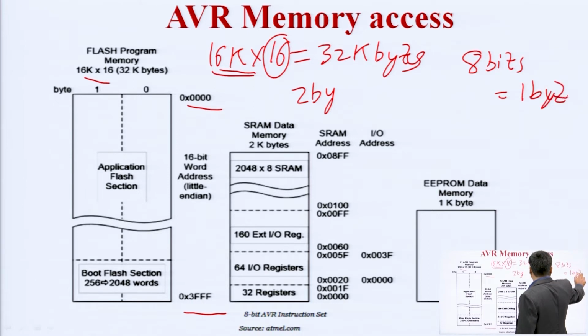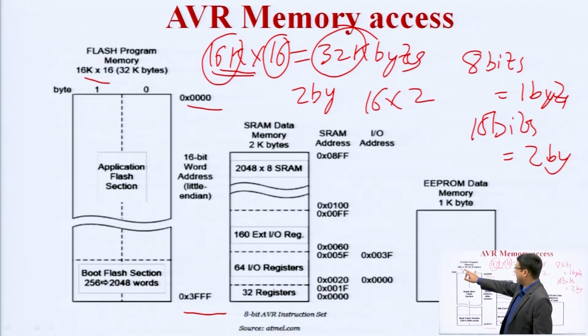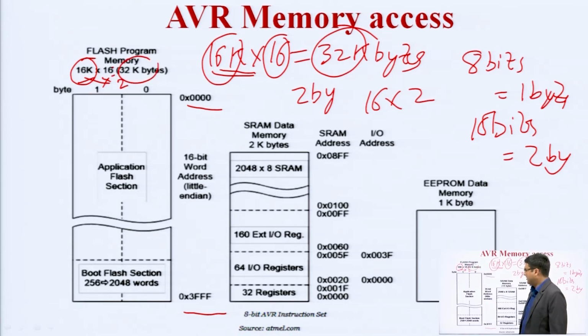Okay. So 16 bits is equal to 2 bytes. So 16 into 2, how much? 32 kilobytes. Okay. So 16K into 16 means that each memory is available as 16 kilobytes, and into 16 bits means it has 2 bytes. So the total is 32 kilobytes.